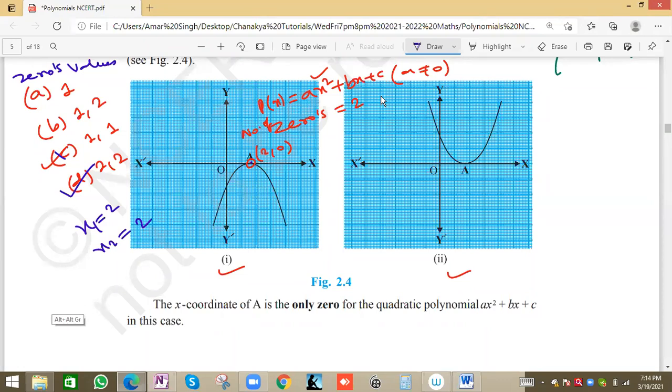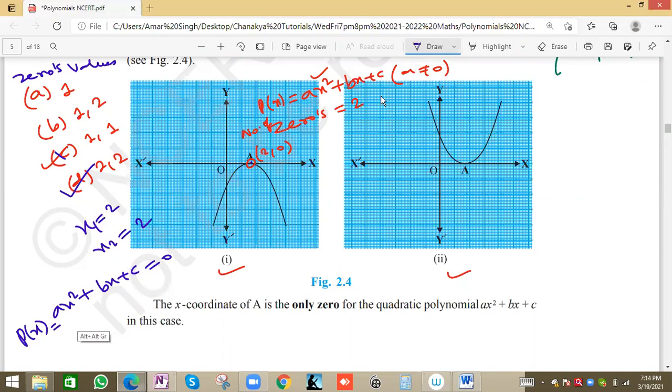Three options we have. First one, from the D value we know, because from the quadratic formula we can know. Suppose the equation is ax square plus bx plus c. This is P of x, and suppose this is equal to 0. That only we have to find, because P of x is 0 means for what value of x P of x is 0, that is basically the zeros of a given polynomial.